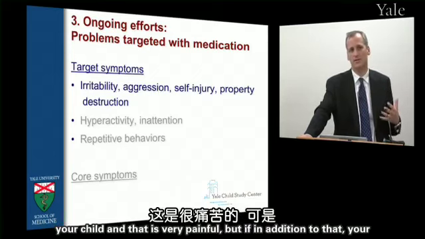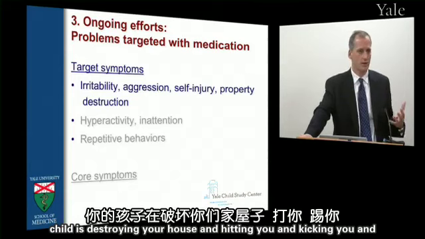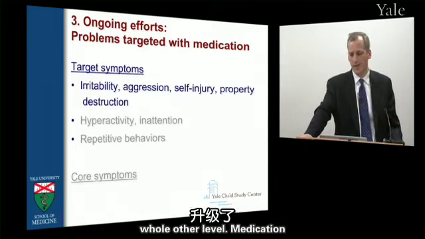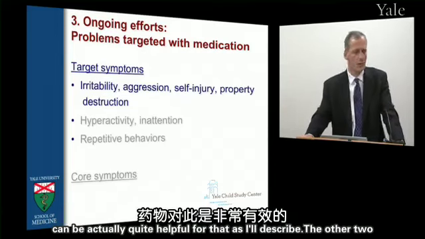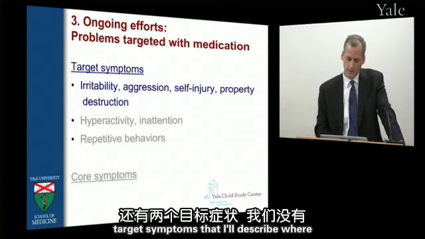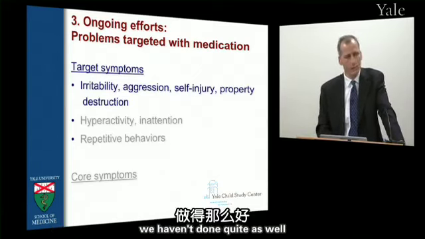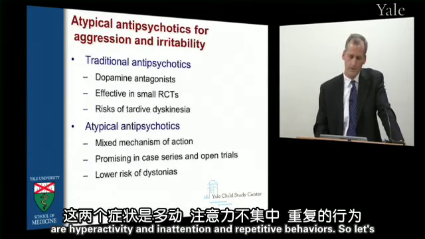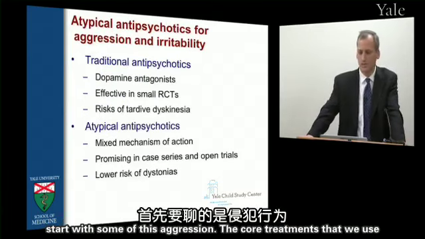But if in addition to that your child is destroying the house and hitting you and kicking you and biting you, it takes the challenge into a whole other level. And medication can be actually quite helpful for that, as I'll describe. The other two target symptoms that I'll describe where we haven't done quite as well are hyperactivity and inattention and repetitive behaviors. So let's start with some of this aggression.